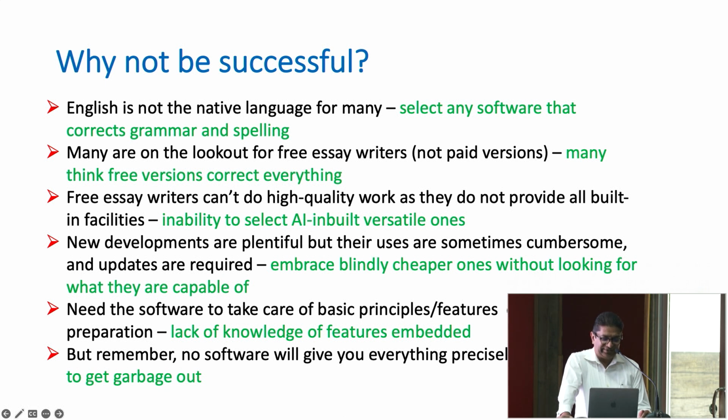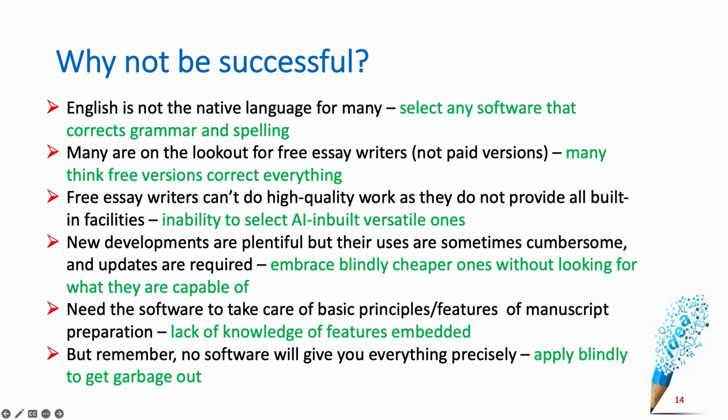Free essay writers can do high quality work as they do not provide all built-in facilities. So that's why you need to go for inbuilt, AI inbuilt versions. Right? Now say for example, if you say career can be spelled in two ways, two meanings. Right? But depending on the career you want to put into your manuscript, software cannot identify.